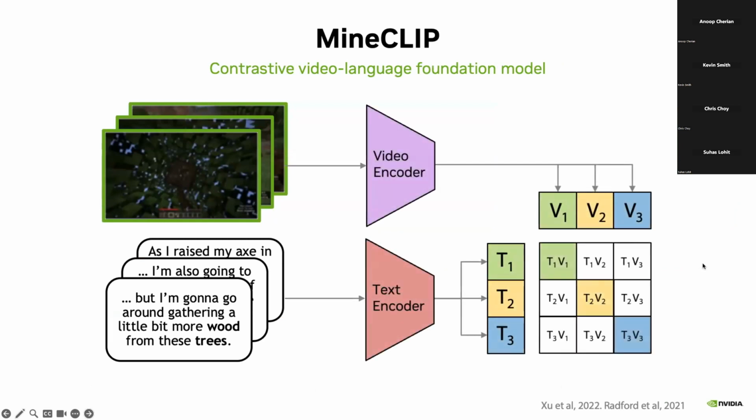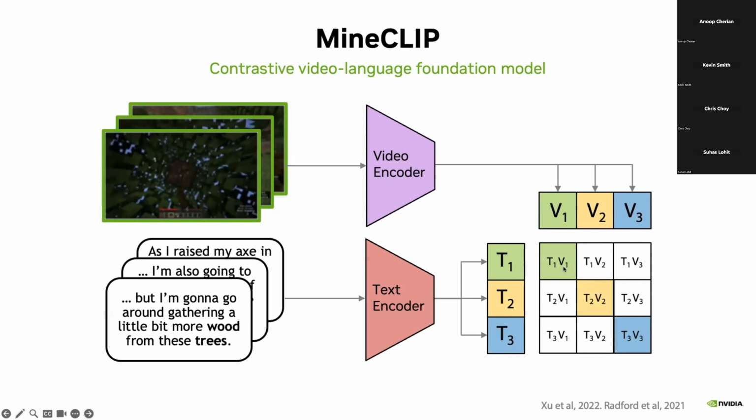So each modality goes through its respective encoder. Video frames, image frames that are consecutive, go through the video encoder, and then the text encoder encodes the text sentences into several vectors, and then we can compute the inner product between these vectors and compute a score that ranges from 0 to 1.